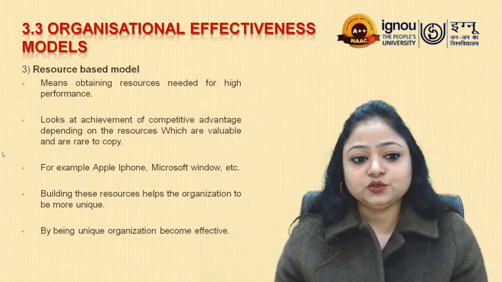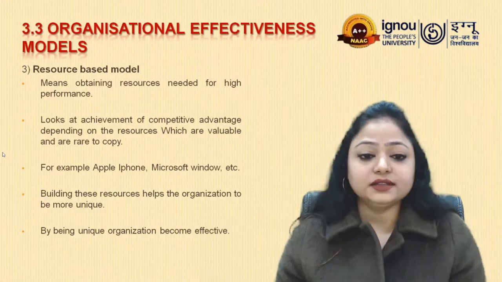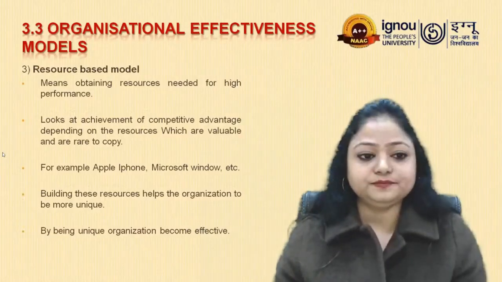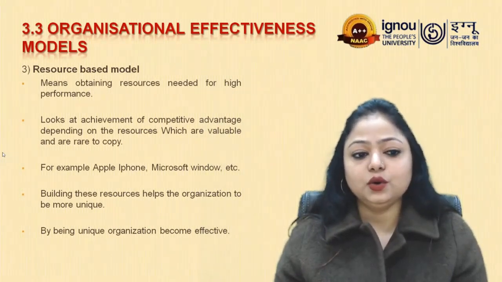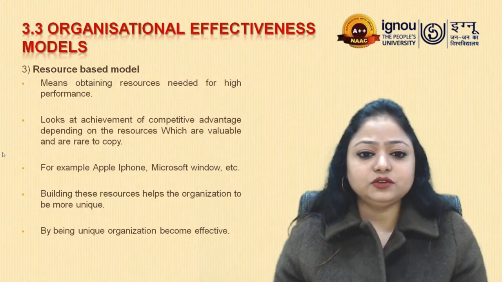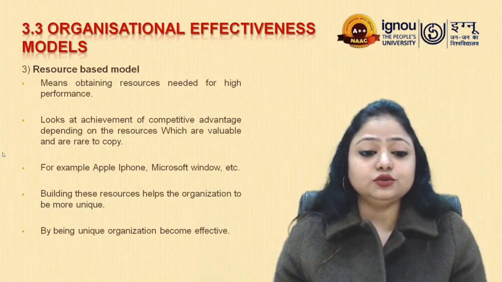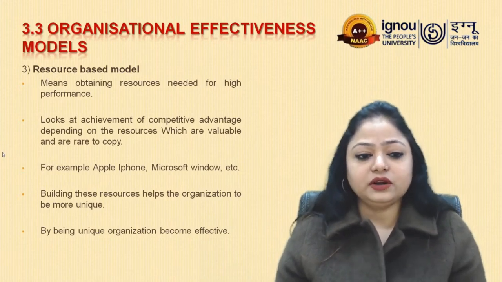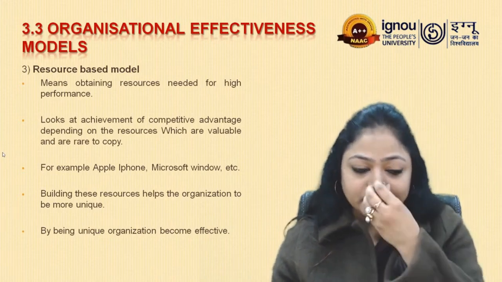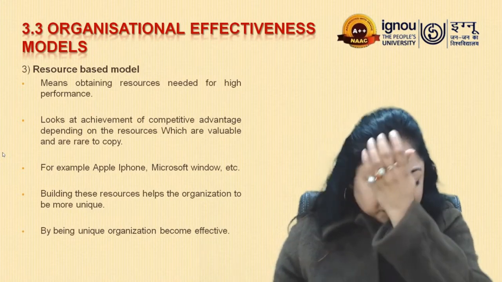So if we have the resources with us or the products, that is the resource model. For example, Apple iPhone, Microsoft Windows, Google, WhatsApp. They are not that difficult to copy, but they are the market leaders. Building these resources helps the organization to be more unique, and by being unique, the organization becomes very effective.